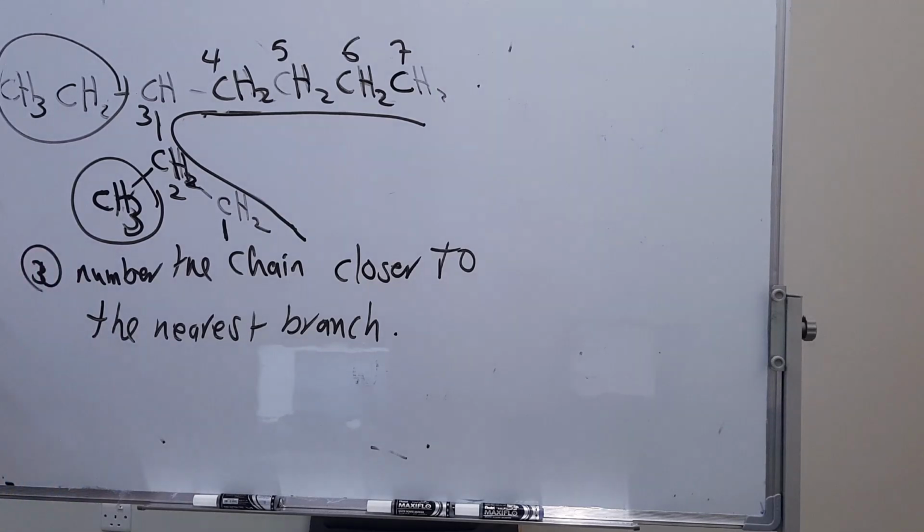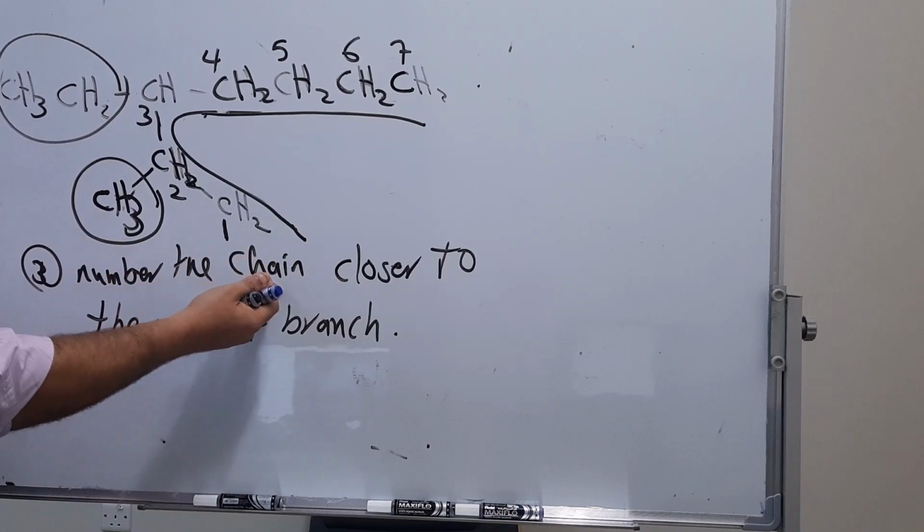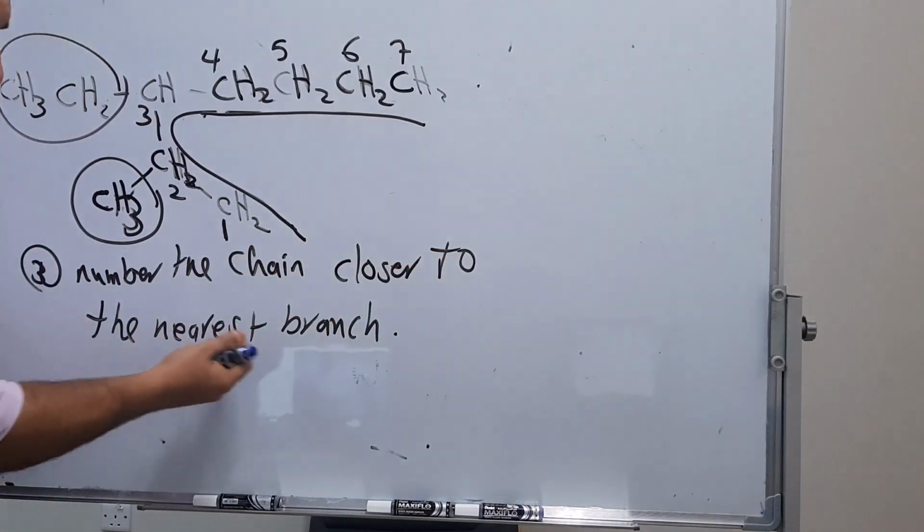So it's extremely important to understand them today, because otherwise, the next chapters will be just an addition to that. That's it. You will be just a master of finding the IUPAC name of any organic compound. Do you follow me? But these are the foundation, as I said. We must number the chain closer to the nearest branch.